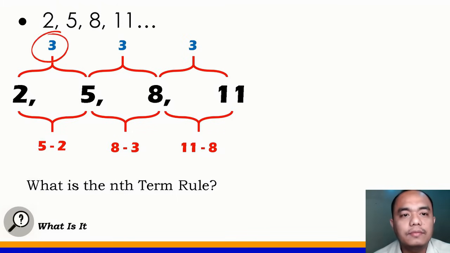Take note. We have a common difference here of 3 and our first term here is 2. What do you think would be a good idea in creating our end term here? What if we try to make our first term and our common difference equal?